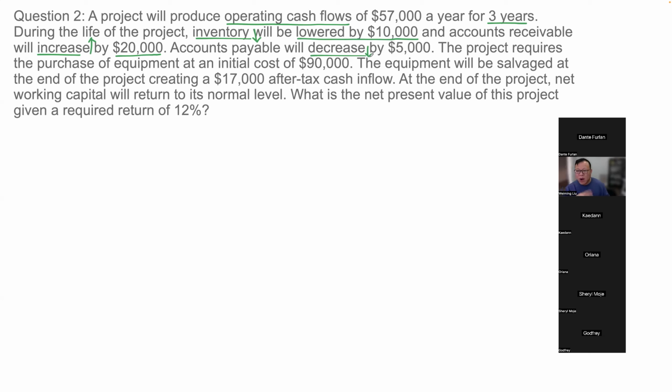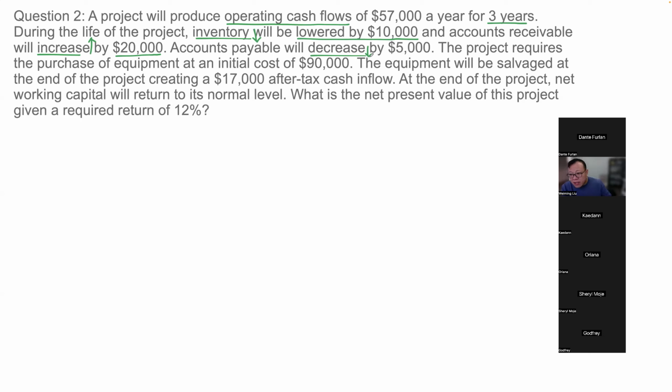Why do things like this happen? Suppose I have a project. In order for this project to work, I have to pay the suppliers quickly enough, otherwise they will not work with me. So that's why my accounts payable will decrease.